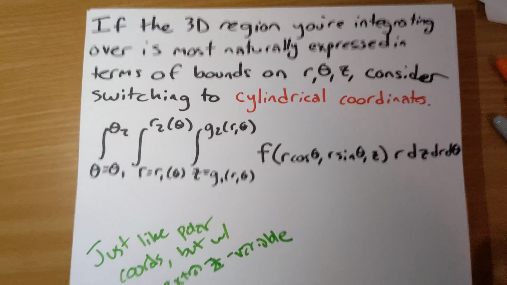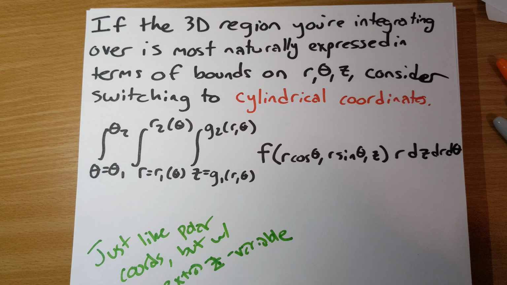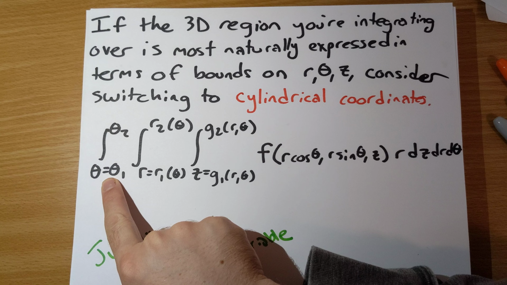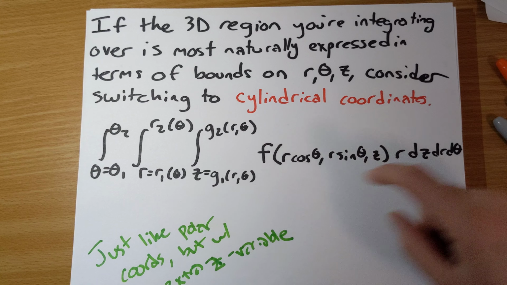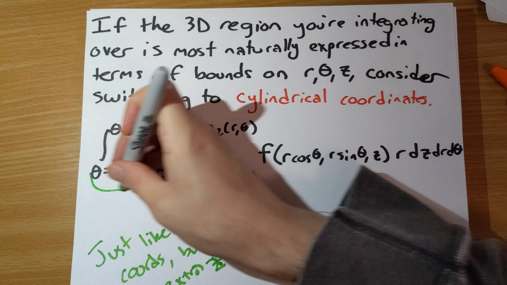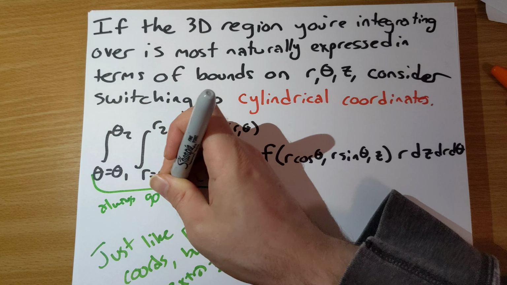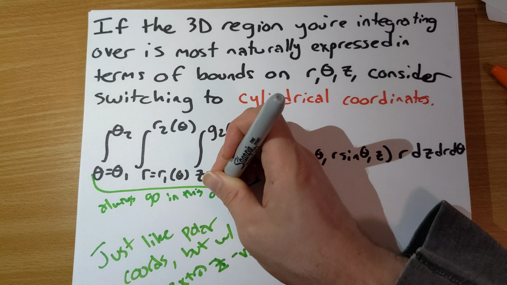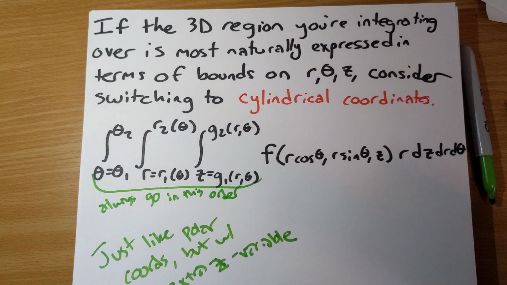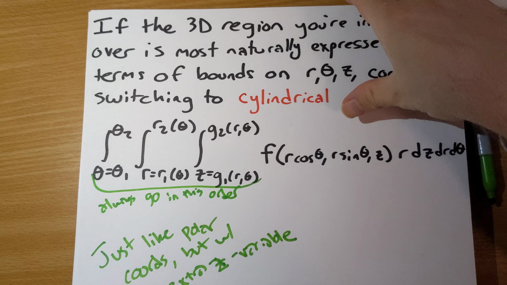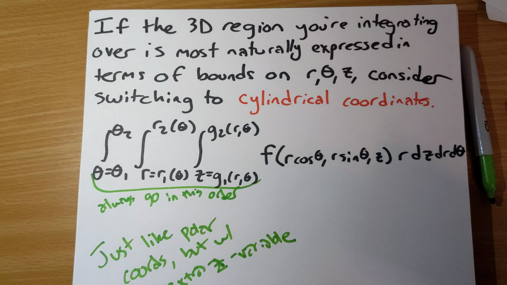Okay, so let's parse this. First thing, order. We always go theta on the outside, then r, then z. We always go in this order. Sometimes you could move things around, but I'm quite certain that everything I'm going to give you can be done in this order.